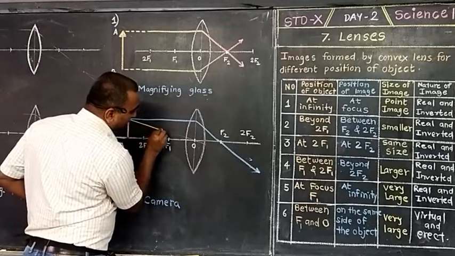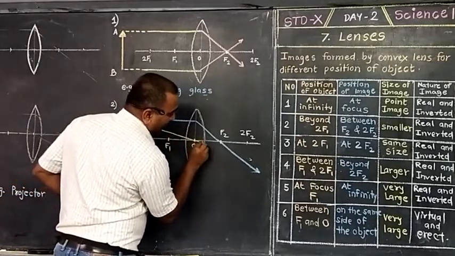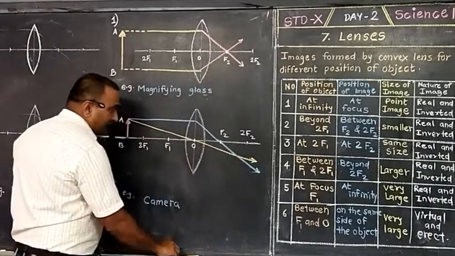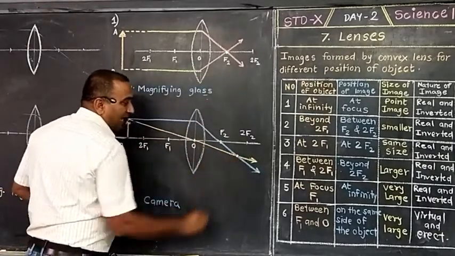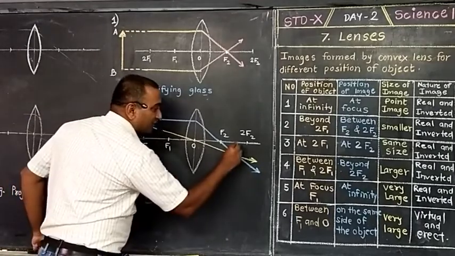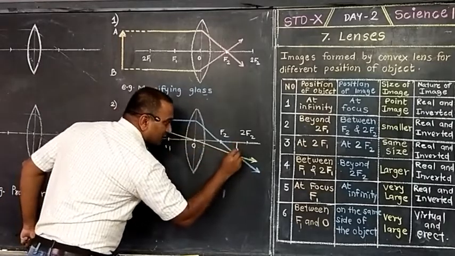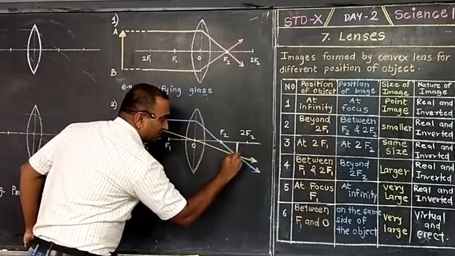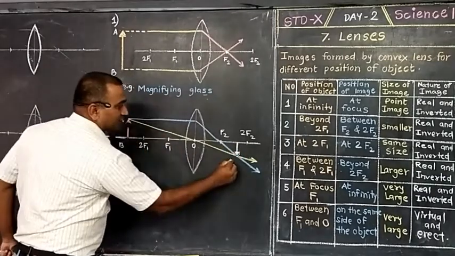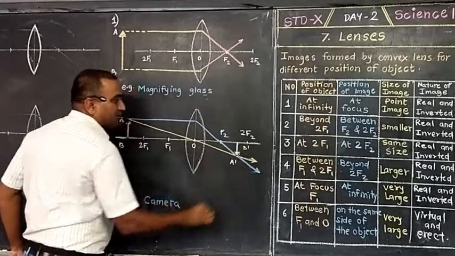The ray passing through the optical center without deviation will pass like this, and these rays will meet here. As rays are meeting here, definitely there is a formation of image here. Head is downward, so this one is the image. A is A dash, and B is B dash.